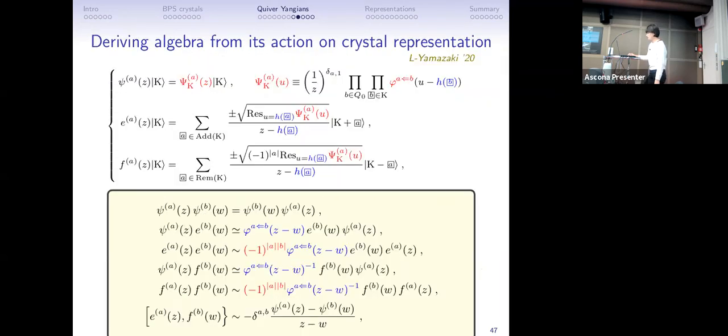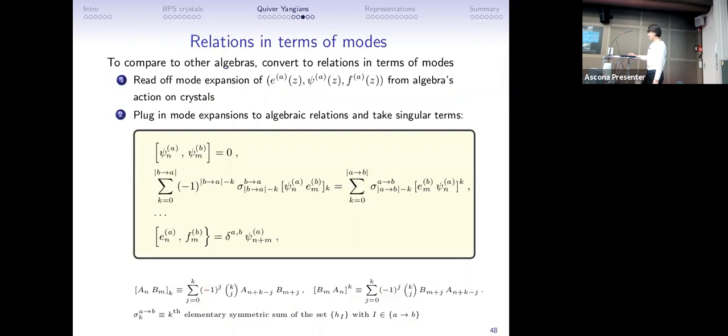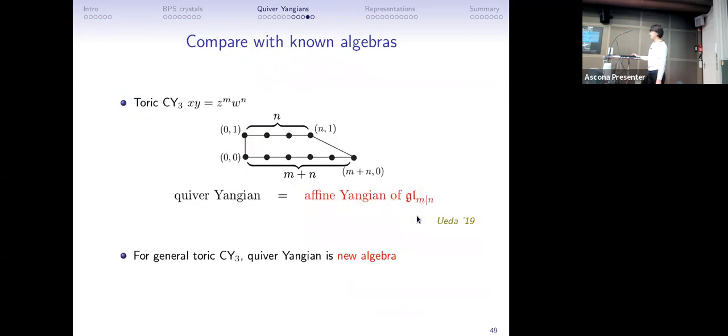Once you have this, you might want to compare to other algebras, or see it in some other form. So sometimes it's necessary to convert this in terms of modes. The mode expansion you can also read out from the algebra's action on the crystal, and then you plug that in, you expand, and I omit the relations. This looks more complicated, but you use this to compare to other things.